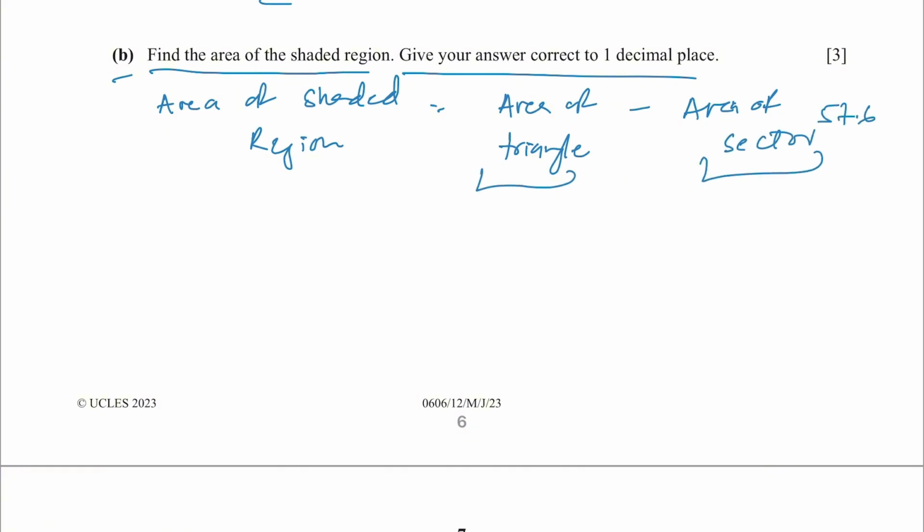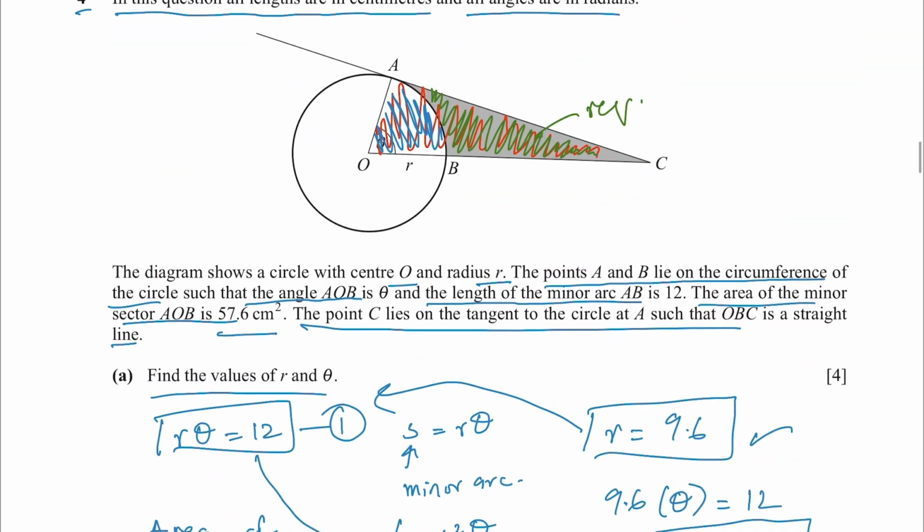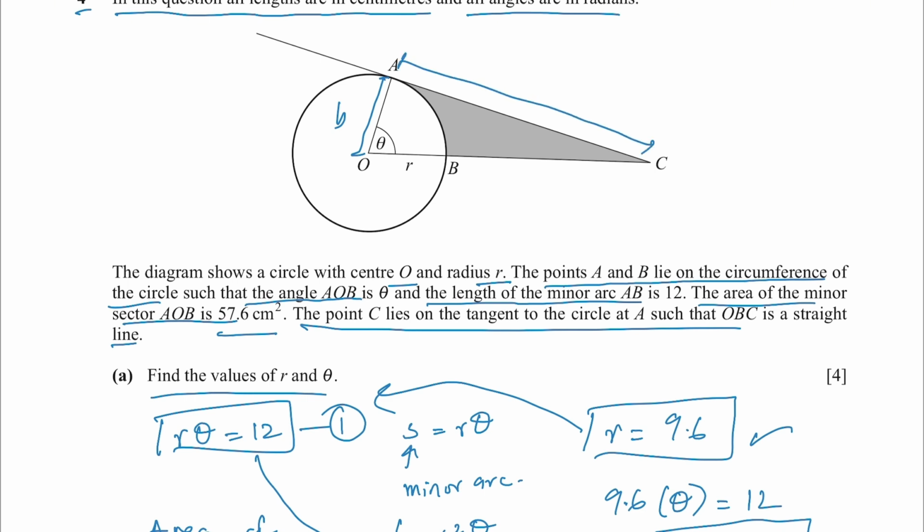We need to calculate the area of triangle, and for that we need this length, that can be base or height. Now let's recall that we have this as 90 degrees. We have our R as 9.6. We have our theta as 1.25.